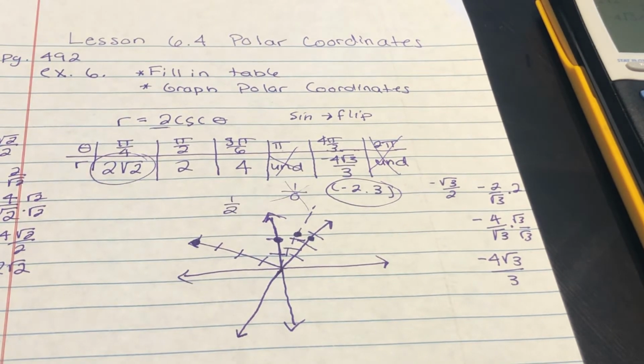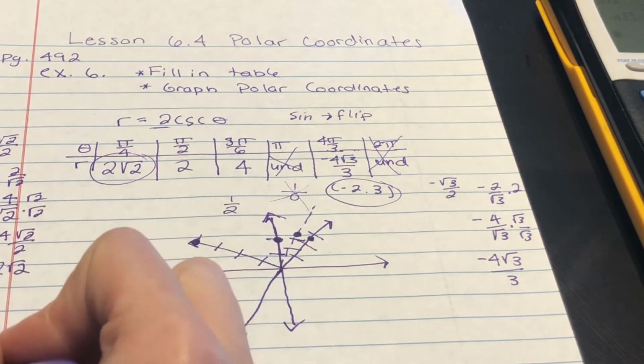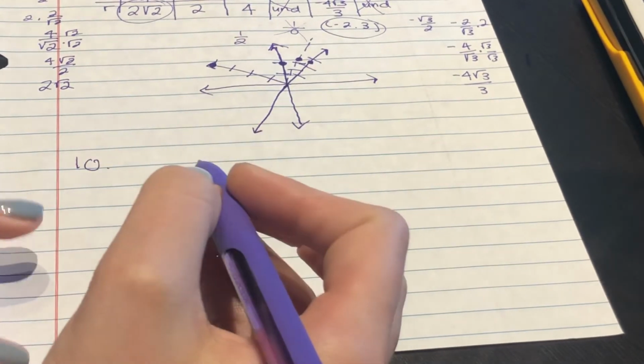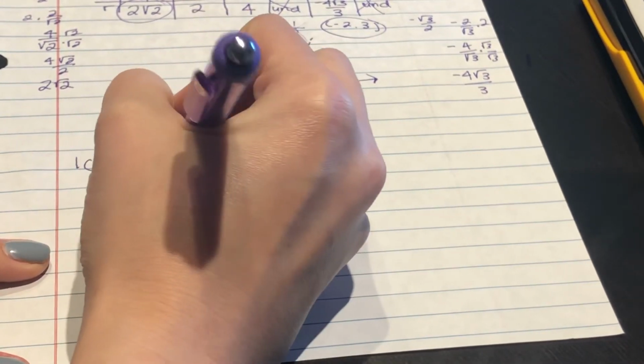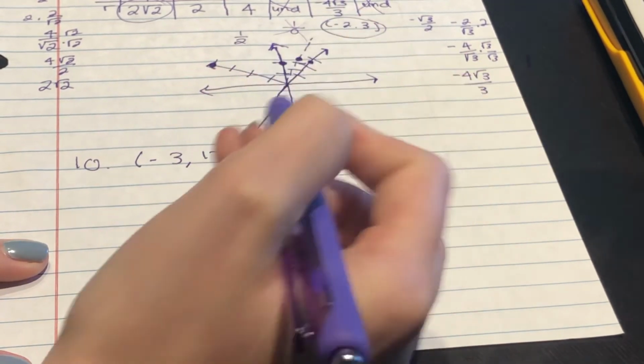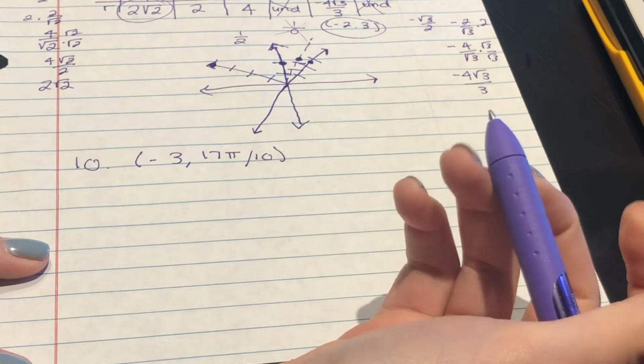And the other one I wanted to show you, on the other video I showed you how to do these, okay, I'll show you this one. Number 10 is the other one I'll show you. So we got negative 3 and we got 17 pi over 10. I just wanted to give you one of these because 17 pi over 10 is not on the unit circle.